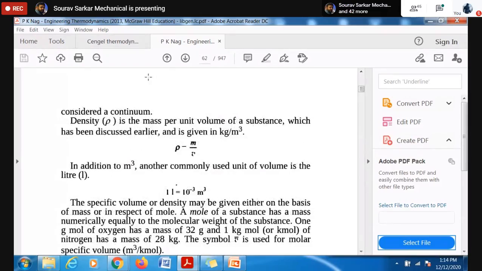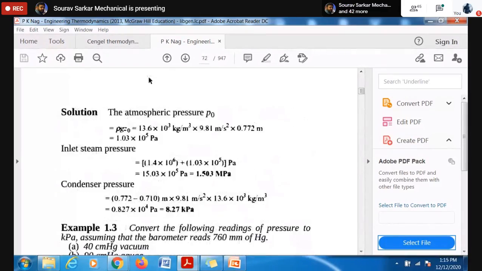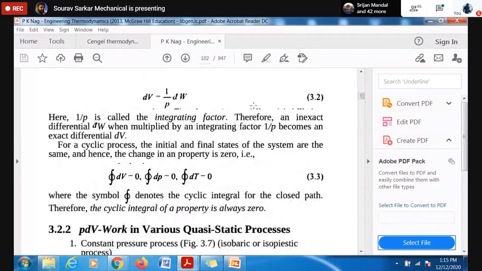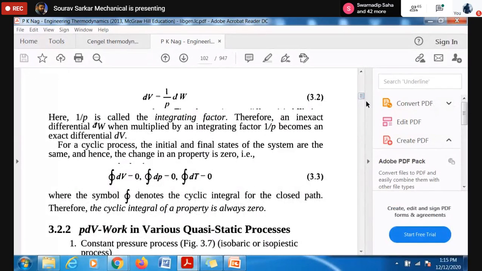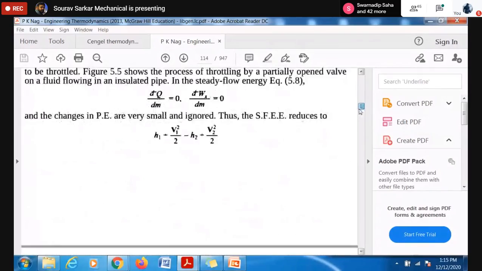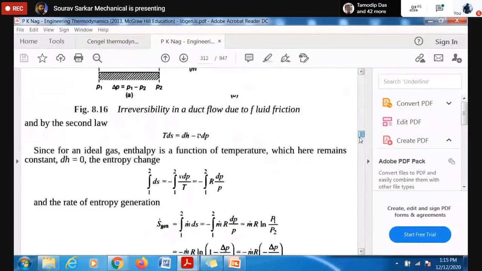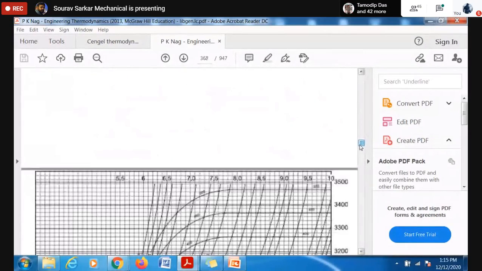I will show you one more easier diagram.